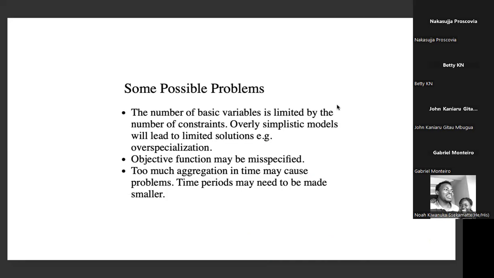When I look at the tuberculosis model, I don't know what the objective function was, but maybe I want to minimize death, but then as you fit data, there are different ways you can minimize death. Then too much aggregation in time may cause problems.